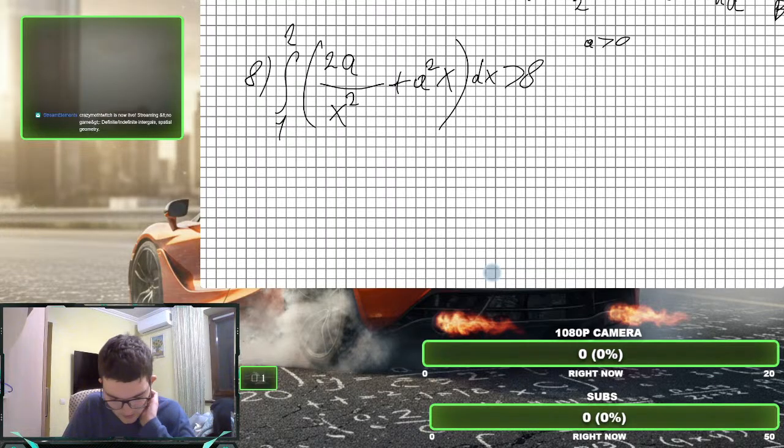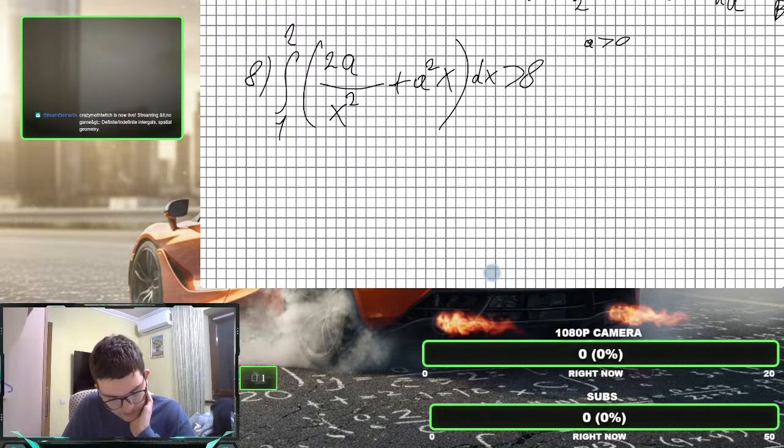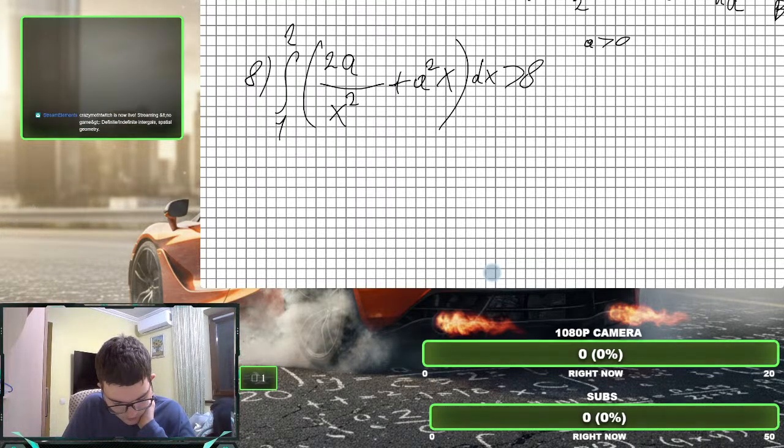If I just take the first part, I would get 2a up front.